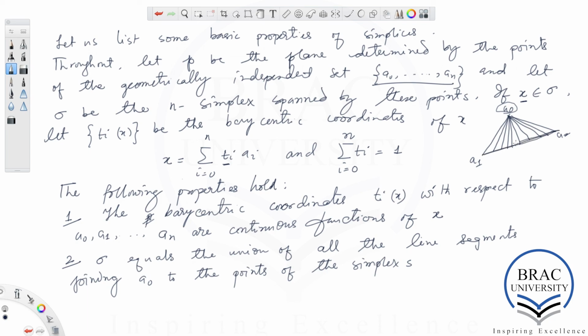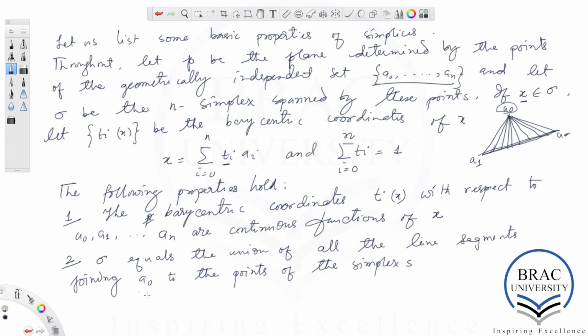We get this triangular region by taking the union of all these line segments, the ones that we have drawn here. These line segments are nothing but line segments joining A0 to points on this one simplex joining A1 and A2.